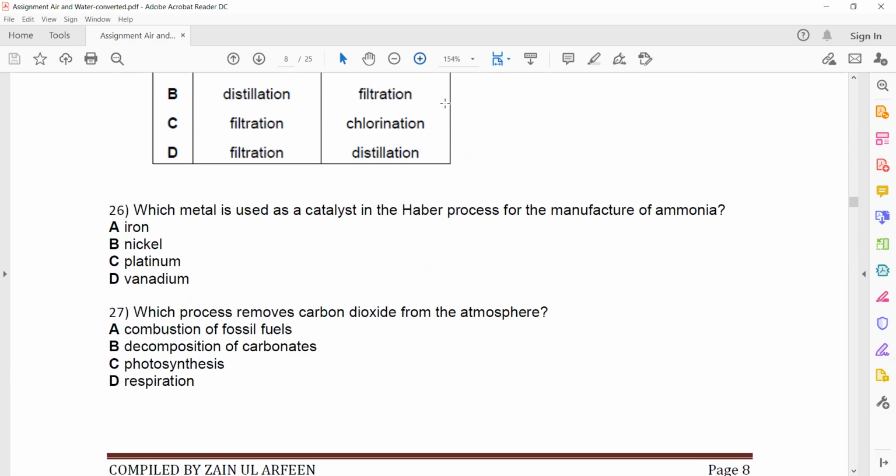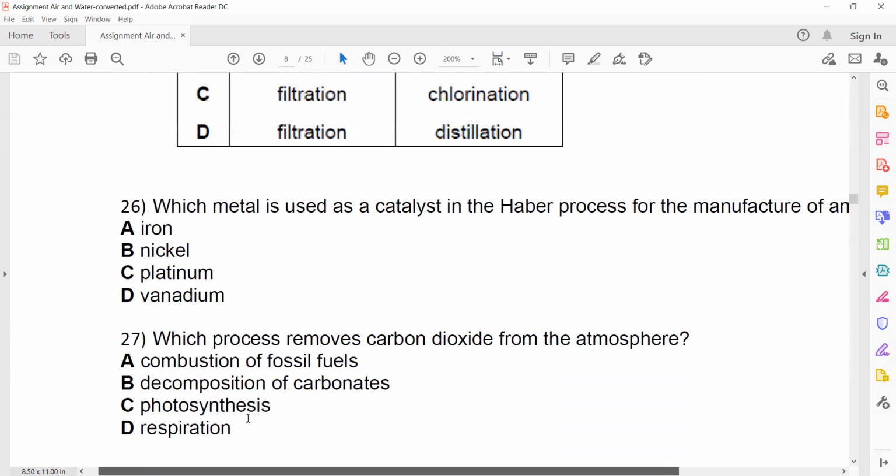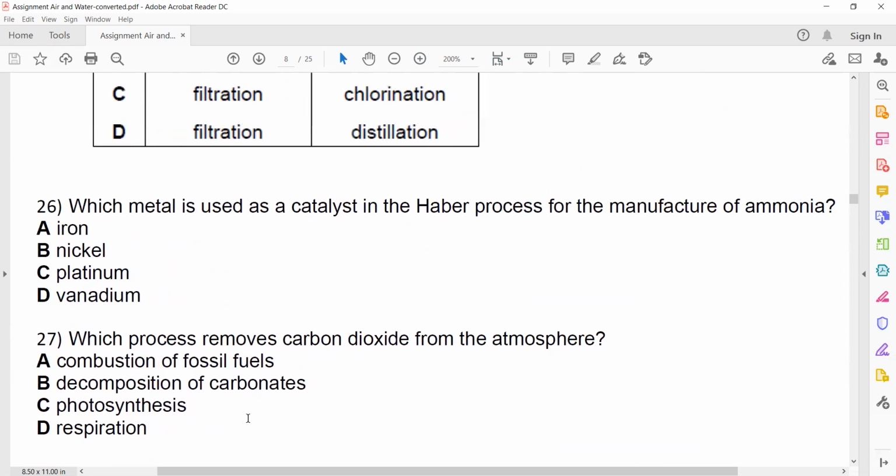Question 26. The catalyst for the Haber process.